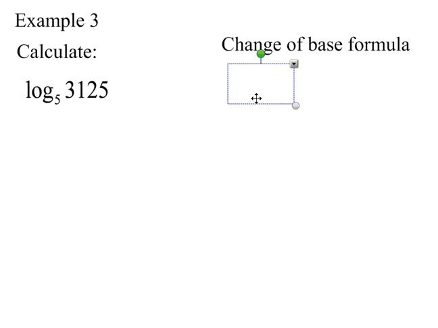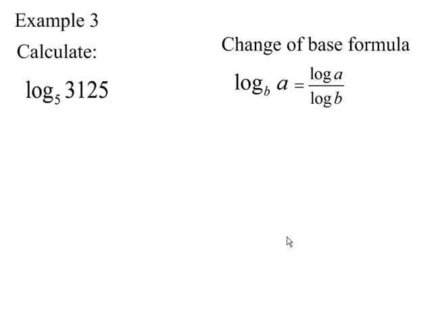So let me give you the change of base formula. Log base B of A is equal to log A over log B. Now, I know that it doesn't have a base here, and let me explain why you don't see the base there. When it's just written log, you assume that the base is 10.